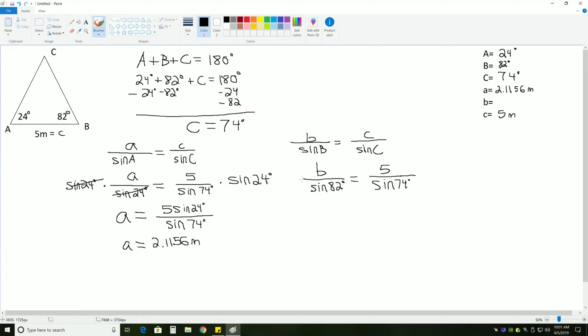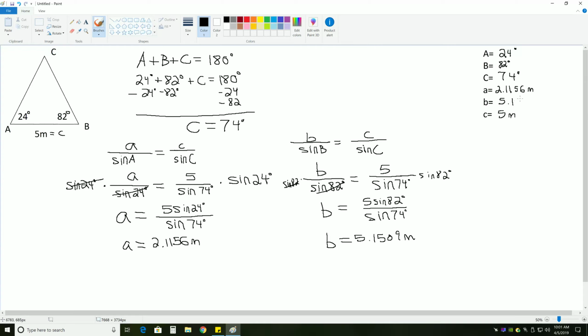And if we multiply each side again by sine of 82 degrees, then that's going to cancel the sine of 82 that's underneath our B value, leaving us with B equals 5 sine of 82 over sine of 74, which when we plug that into our calculator gives us B equals 5.1509 meters.